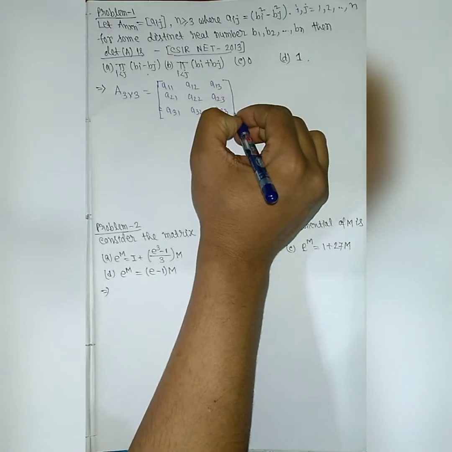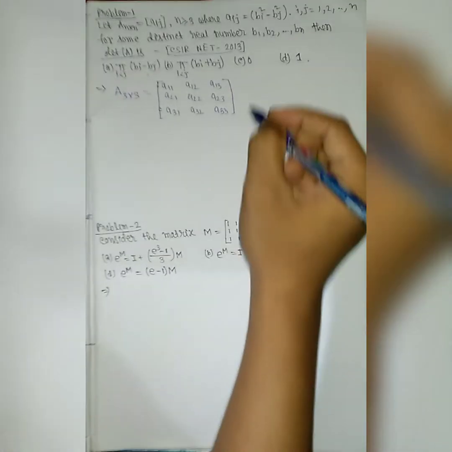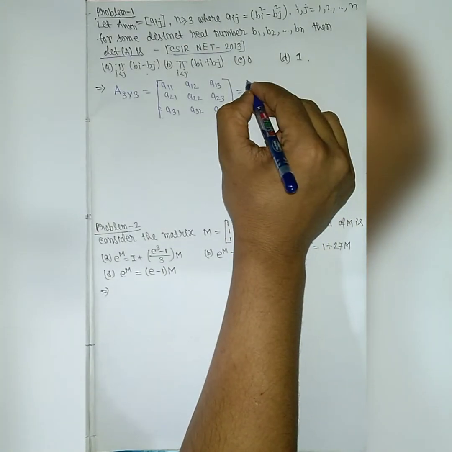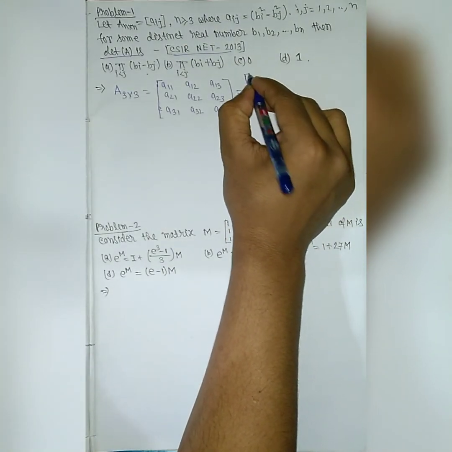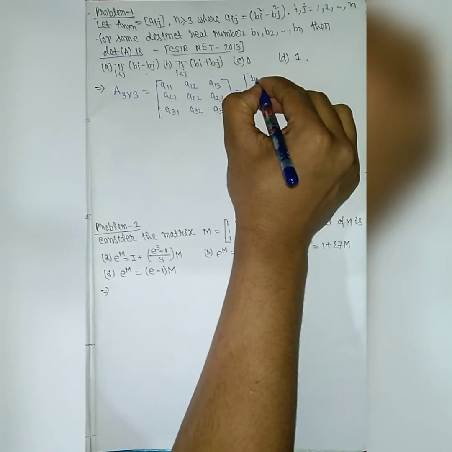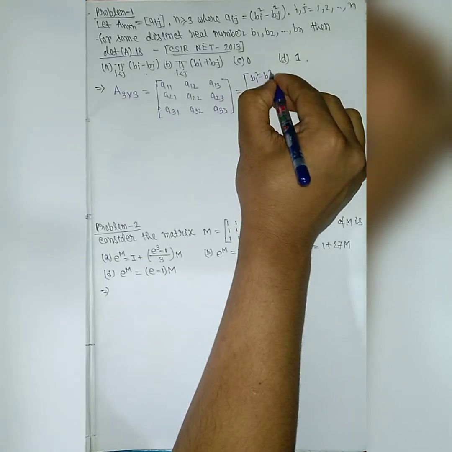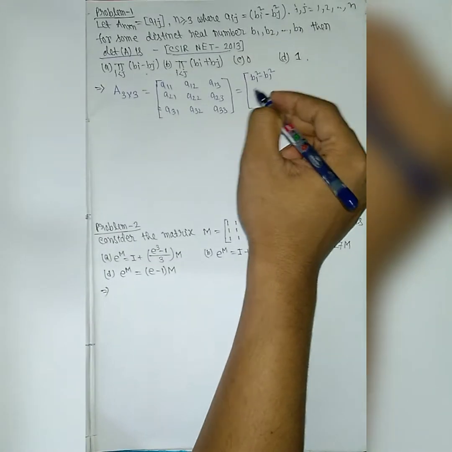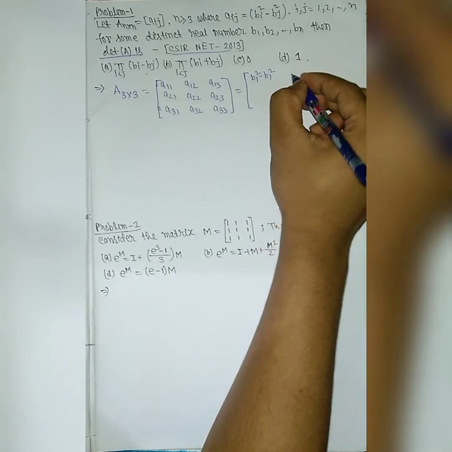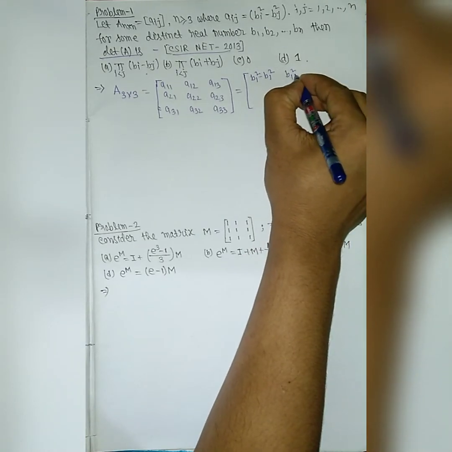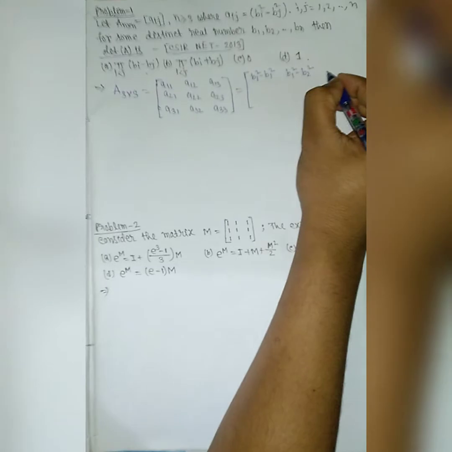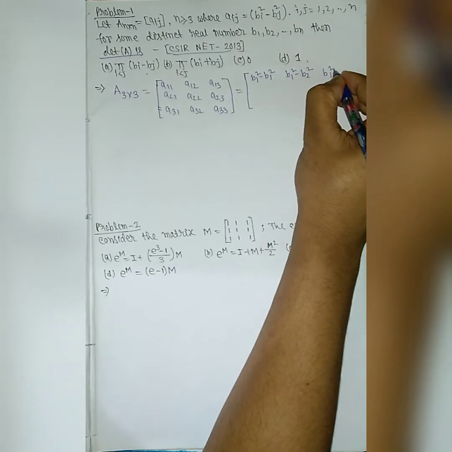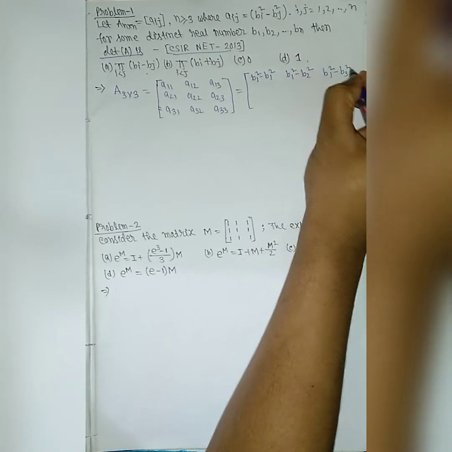Okay, this is Aij. Now if we consider A11, that is nothing but b1 square minus b1 square. This cancels and it is 0. A12 is nothing but b1 square minus b2 square. A13 is nothing but b1 square minus b3 square.